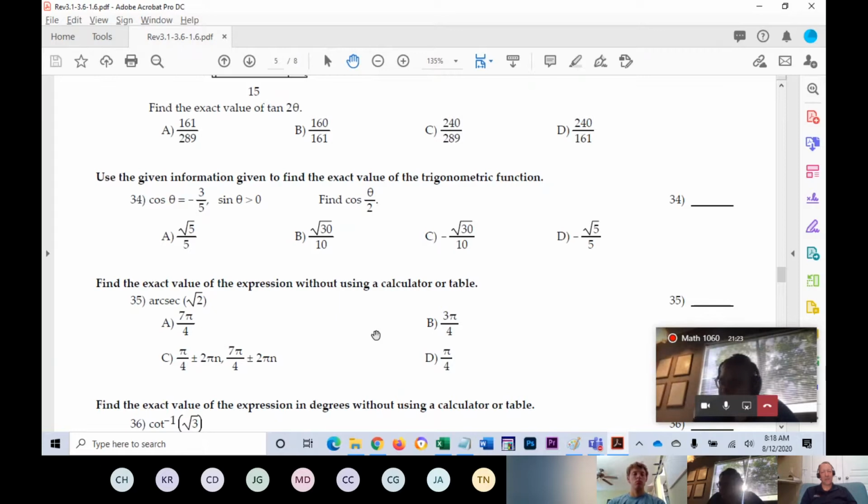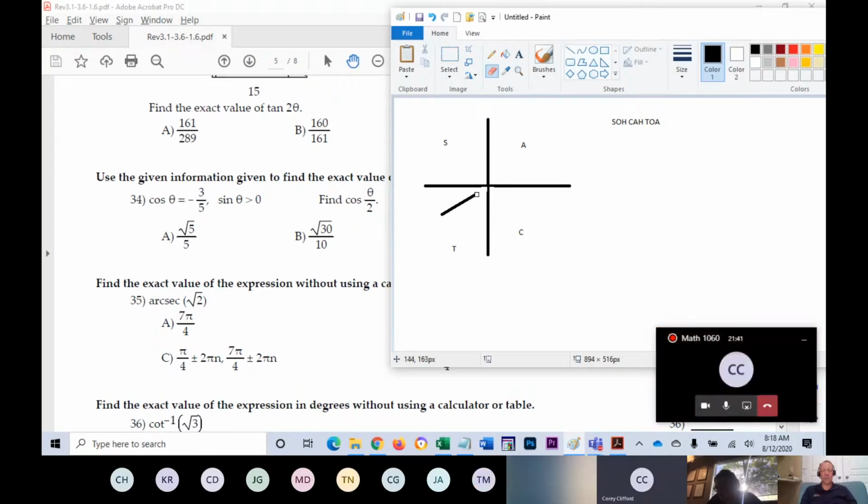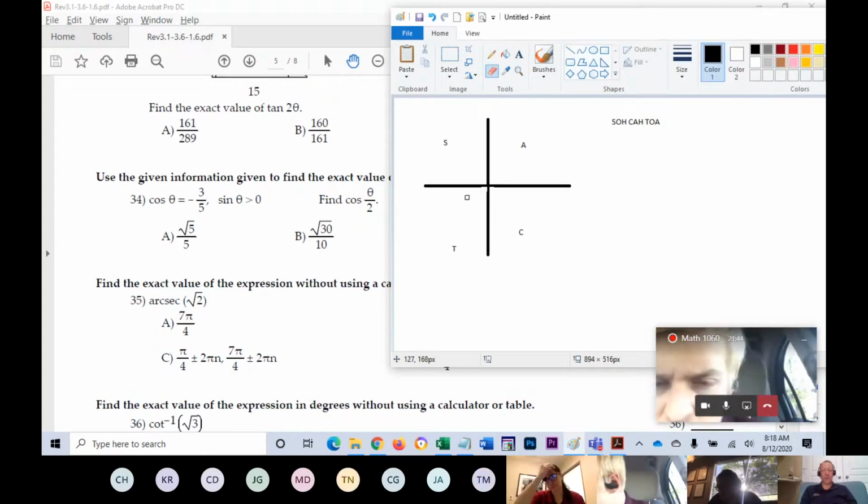Well, I know, it's a 3, 4, 5 triangle. That's going to be very useful, right? Yep. Okay, so let's talk about this for a minute.